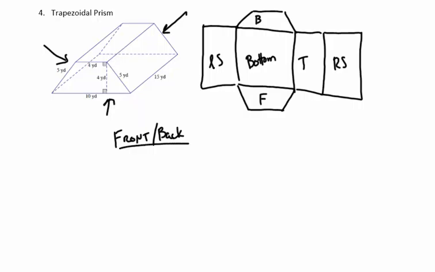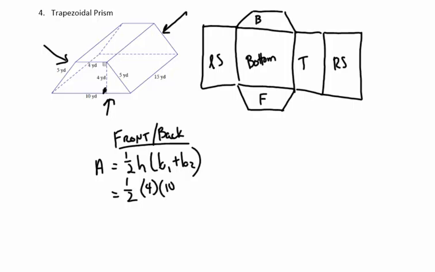So the front and back are trapezoids. So I start with that formula, 1/2 the height times base 1 plus base 2. The height of the trapezoid, here's the right angle. So the height is 4. Base 1 is 10.